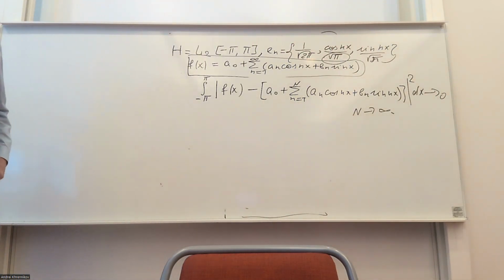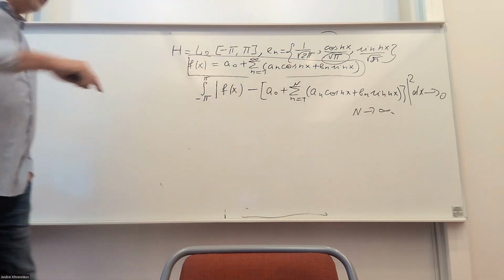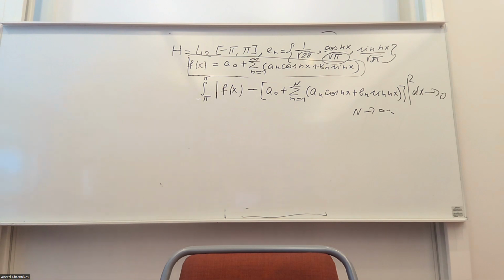So convergence in this space means only this. If we take the partial sum, and average the square of the difference, it should go to 0.